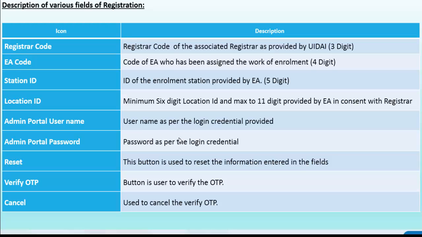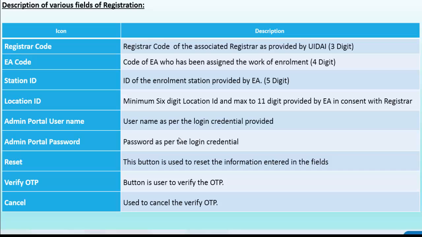First one is register code: the register code of the associated registrar as provided by UIDAI. The register code will be a 3-digit number, as we have discussed already. Then EA code will be provided by your registrar, a 4-digit number. Station ID will also be provided by your EA, a 5-digit number. Then location ID: you can give a 6-digit pin code as the location ID because it will be useful to identify the location.